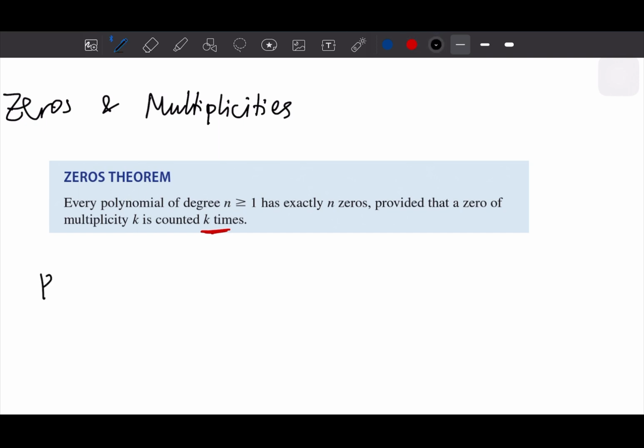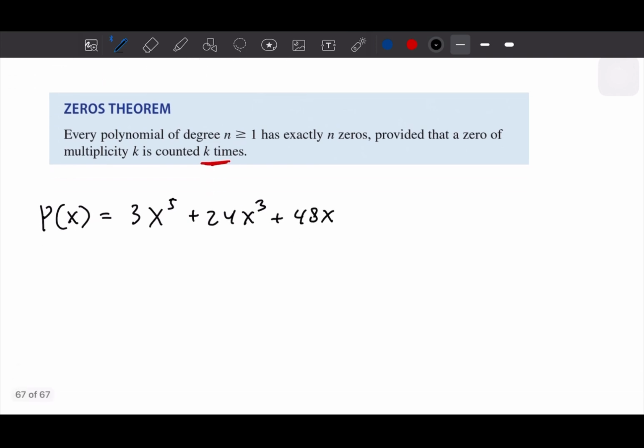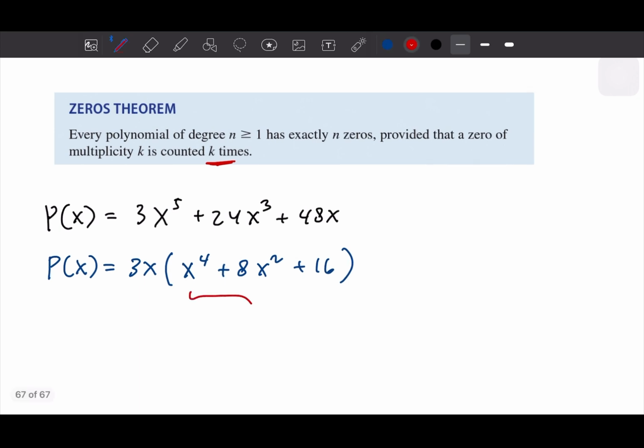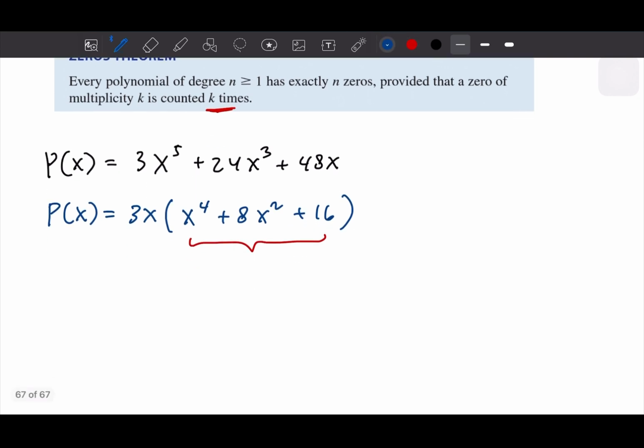So if we need to factor out, let's say, or find zeros from this, okay, and since we can factorize this slowly, so let's say we factor out 3x from here. So we have x to the 4 plus 8x squared plus 16. And we can also factor out this part. If you are confused on how to factor this, we can let x to the 4 become, let's say, b squared.